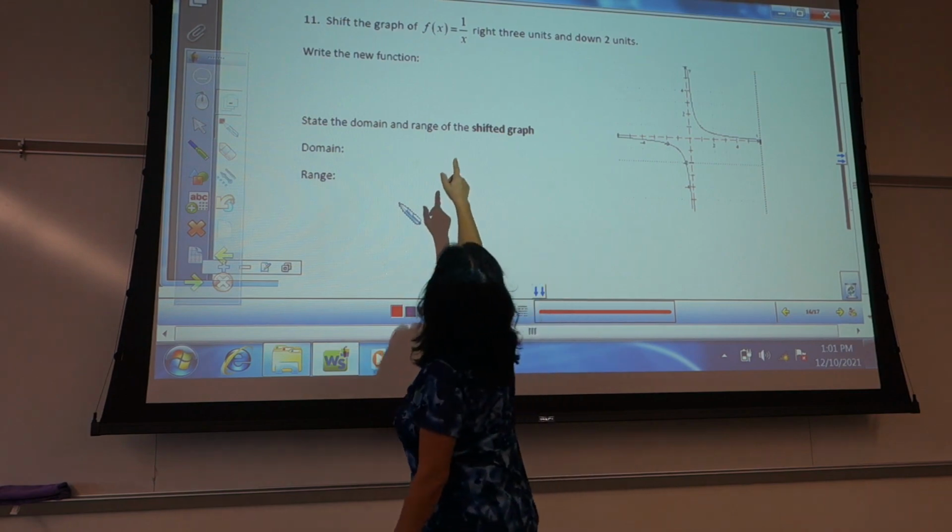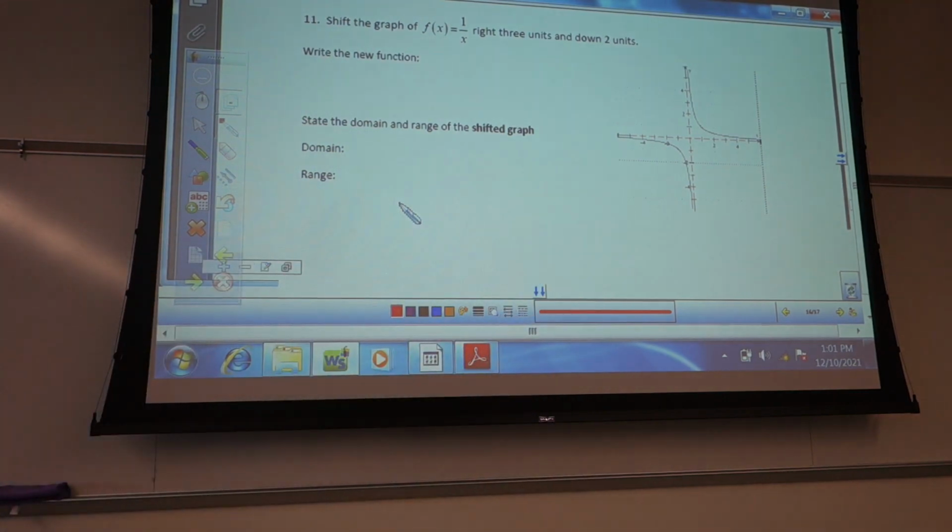So here, say I shifted it 2 left and up 1. I'd go 2 left, up 1. That would be my empty circle. That's where my asymptotes go. Does everyone see what I mean? So if I do that, what's my new function?